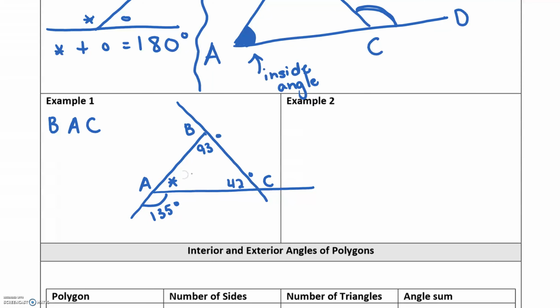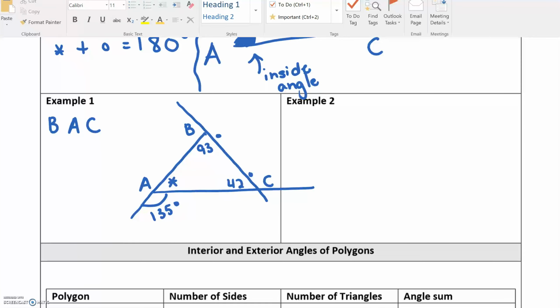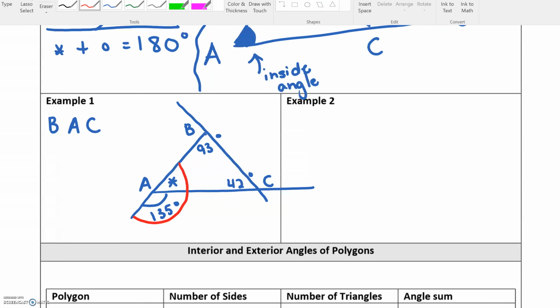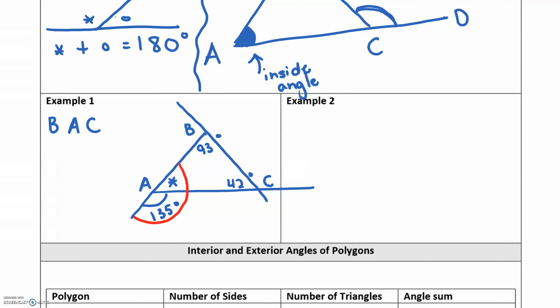Okay. So if we're trying to find angle BAC, we have to look for the flat line from here to here. Okay, I'm going to draw that with a different color just so you can see it. Sometimes the supplementary angle theorem is not easy to see, but if it's a flat line and you're missing part of that angle, you can use that theorem to find the portion that you're looking for.